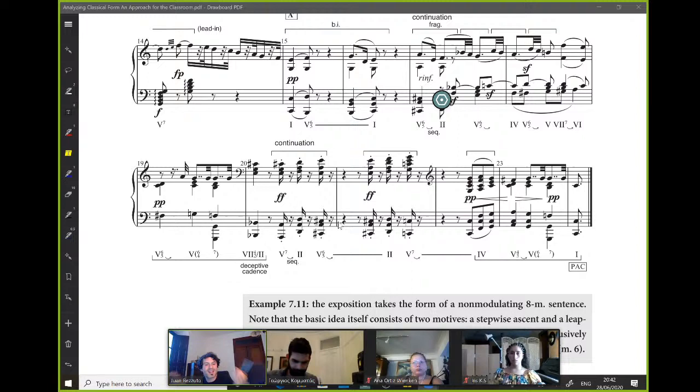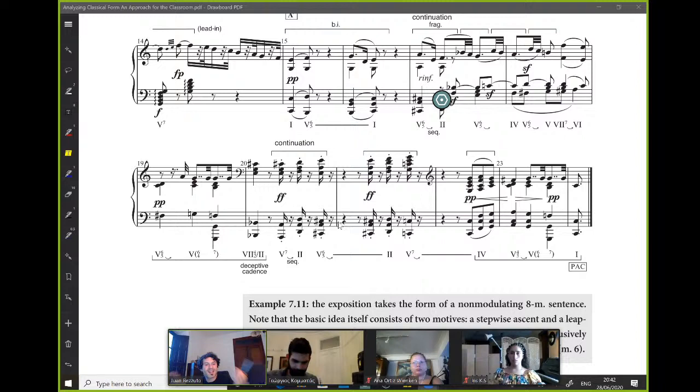So I have another example that we've said. This example comes from a rounded binary, a small ternary form, like the ones I made you write roughly when we were doing the exercises. If we check A prima, this deceptive cadence here allows this continuation to kick in and resolve.